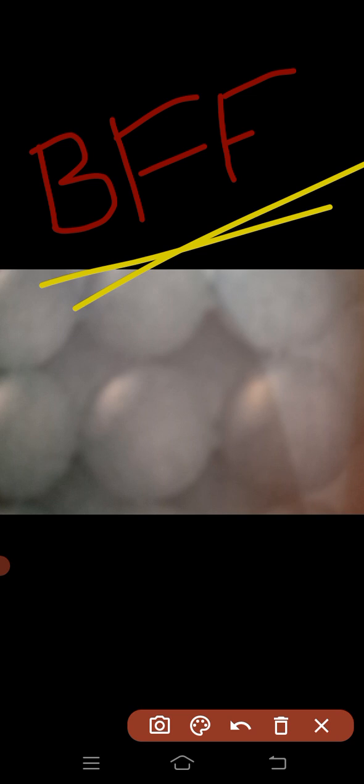So the solid molecules are always tightly packed. You can observe here very clearly. This is one molecule, molecule number two. These are the molecules. You can see very little gap here. There is very little gap in between.